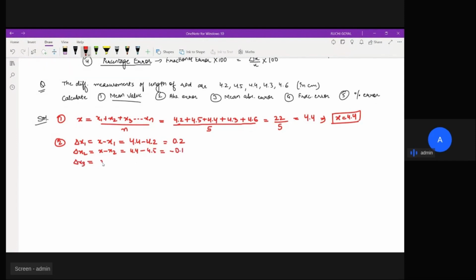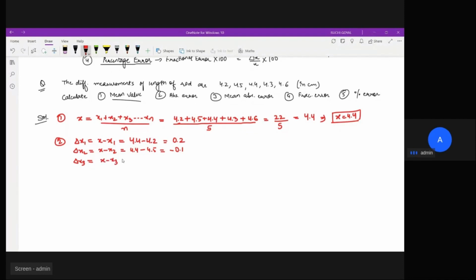Delta x3 is 4.4 minus 4.4, which is 0.0. Delta x4 is 4.4 minus 4.3, which is 0.1. Delta x5 is 4.4 minus 4.6, which is minus 0.2. So these are the absolute errors.